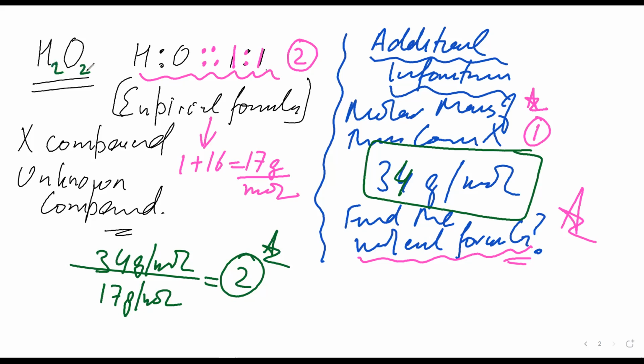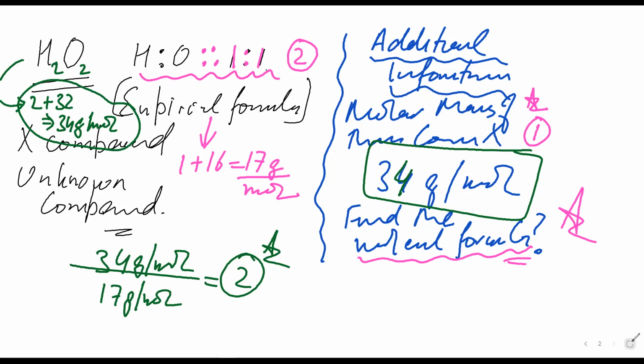Why? Because now when I calculate the molecular formula, it will be 2 plus 32 is equal to 34 gram per mole, and now the things are making sense. Avantika, have you understood or not? Yeah. Okay.